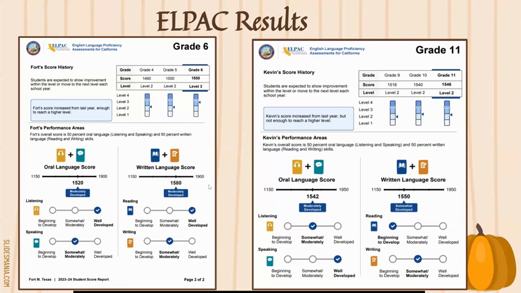But if you look at grade 6, it came out at 1550, and it's at level 3. So from 5th grade to 6th grade, they went up a level, right? And so this really provides us a nice little historical information at our fingertips so that we can see the growth and progression of that LPAC score, okay?